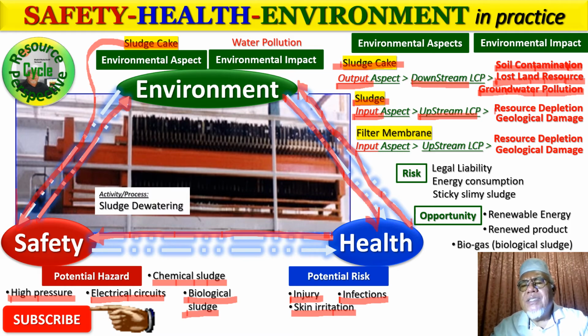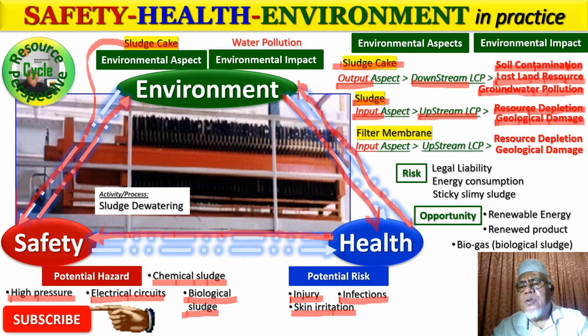Natural resources. So the more demand for raw material, the more sludge we get, and the more demand for natural resources, the interaction causes resource depletion. And how it has been extracted, probably involving earth structures, causes eventually an environmental impact called geological damage.